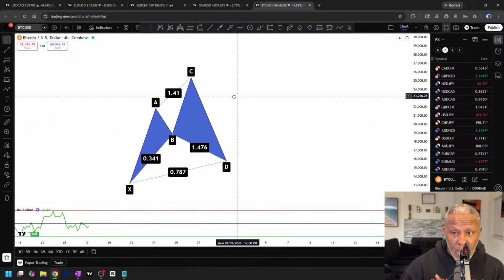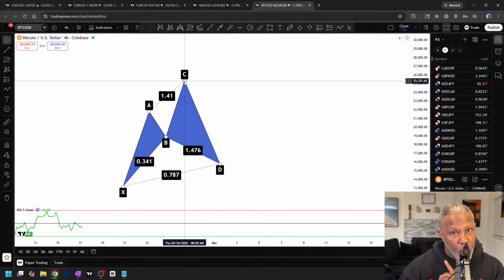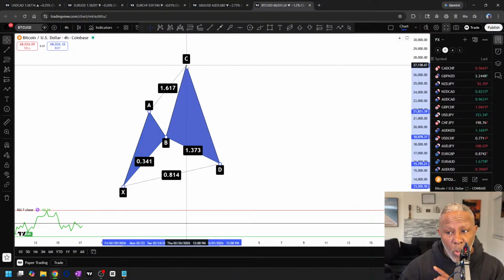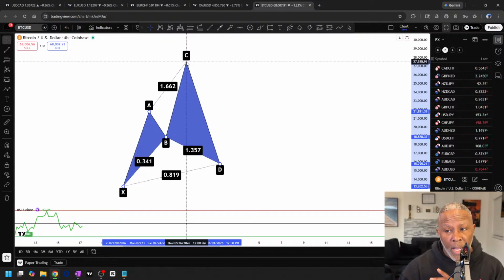Shark, his C begins at 1414, must touch 1414, can go as high as 1618, but cannot close beyond 1618. So Shark has a filter too.